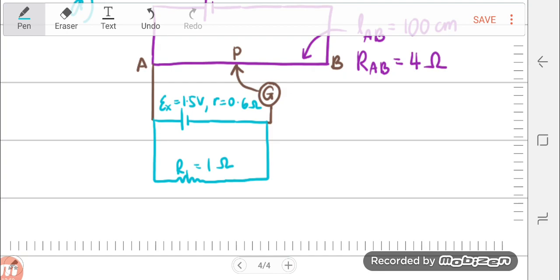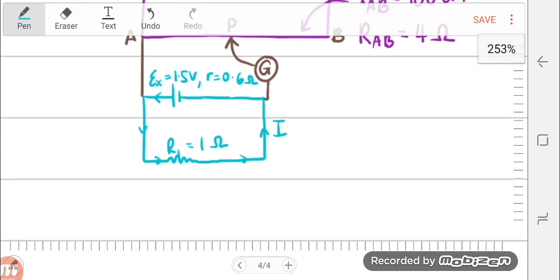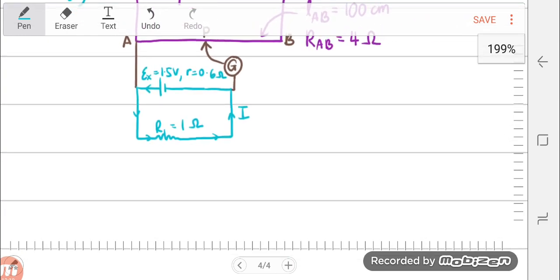Now, look what happened to the lower circuit, the blue circuit. It has a complete circuit, which means that there is current passing through it. Amazing thing about this one. There is current passing through it, finally. Okay. So what we have to do here, we can see that there is a current passing through this part, so we have to find the current first.